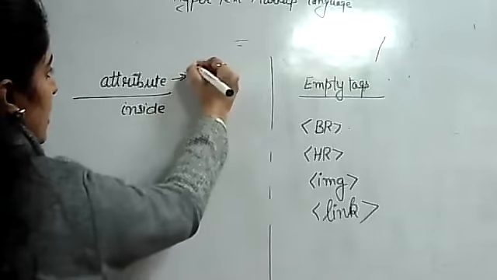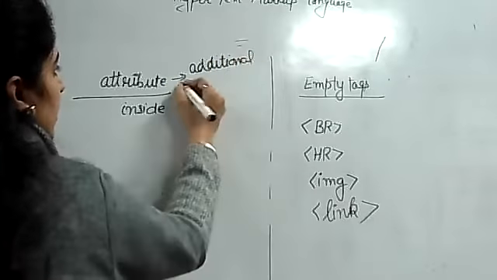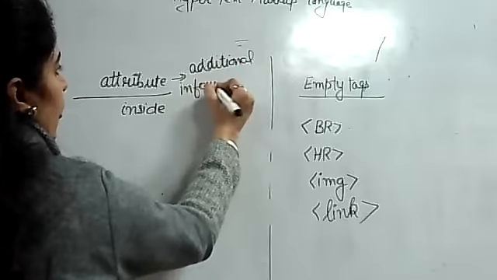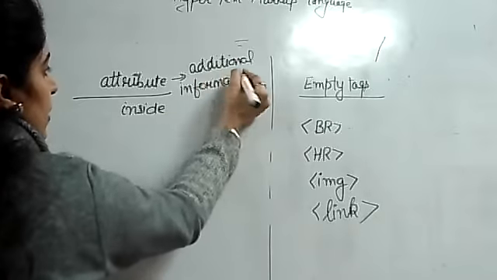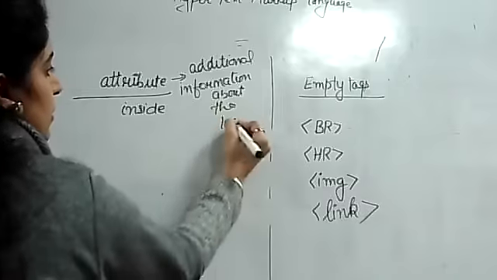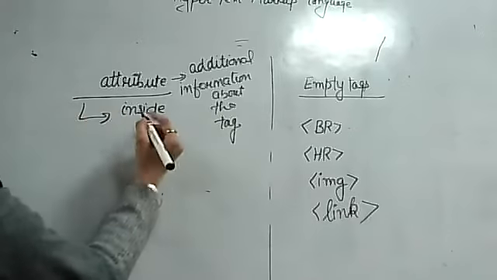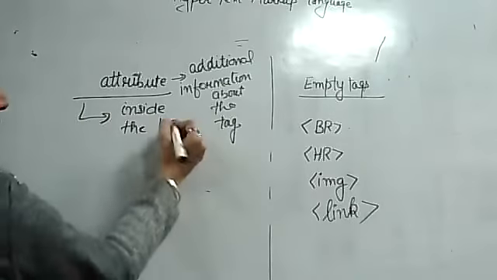These are the additional information about the tag. Attributes are the additional information about the tag. Attributes are written inside the tag.